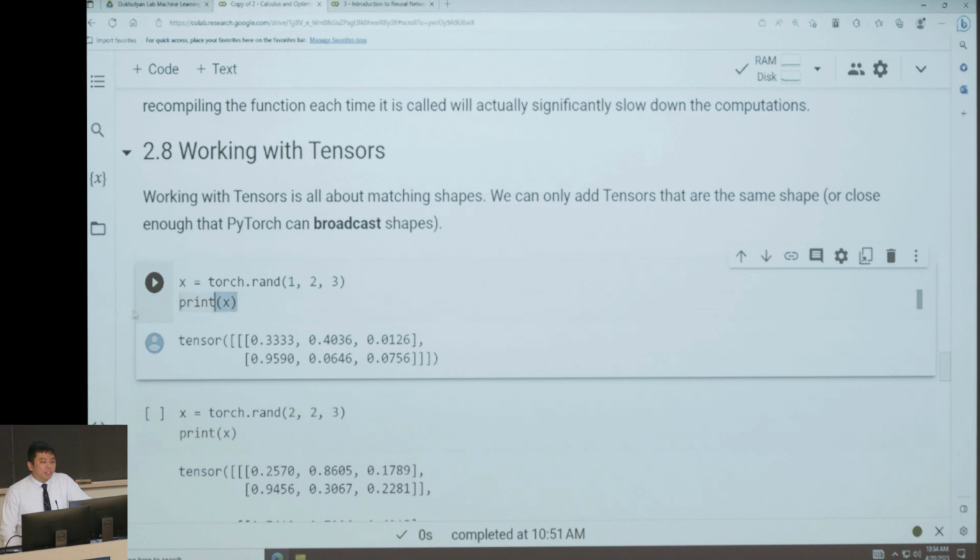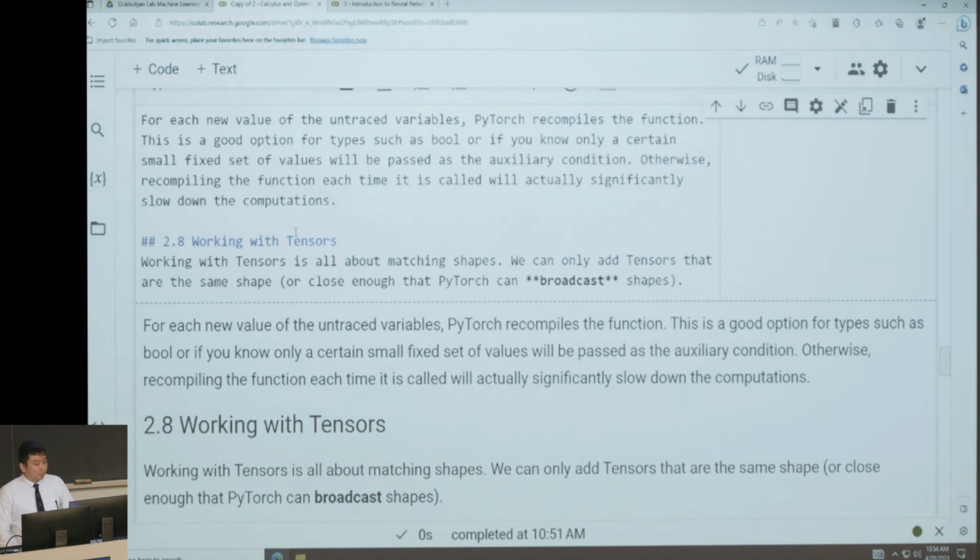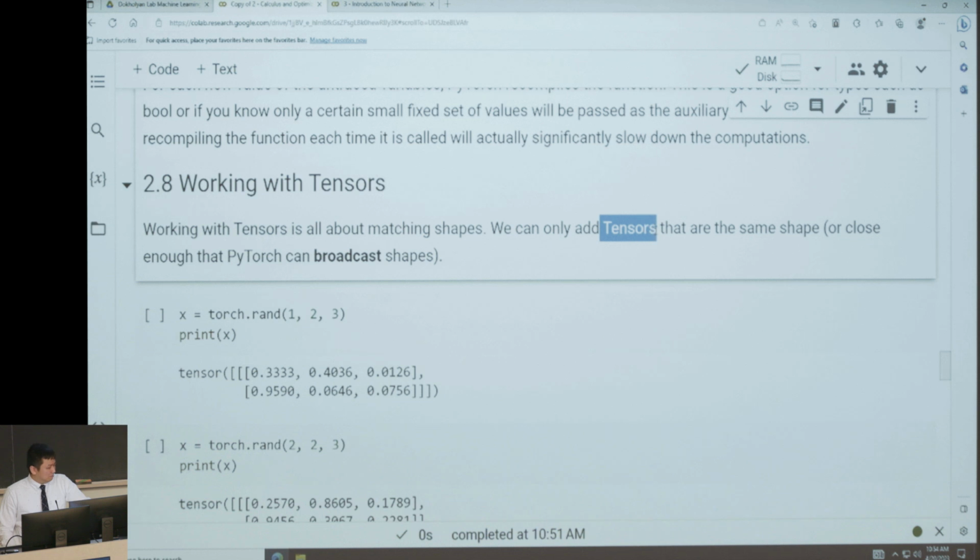But the important thing now is to try to understand what array shapes are. So how can we perform all of these mathematical operations on arrays? PyTorch calls them tensors, so does TensorFlow, but they're really just NumPy arrays with some extra functionality.